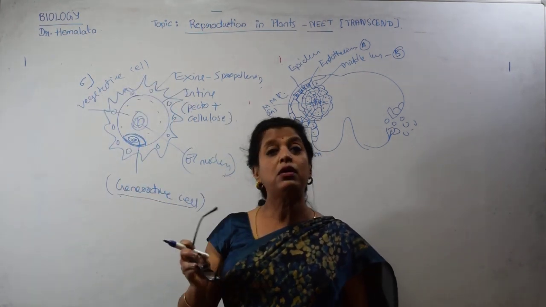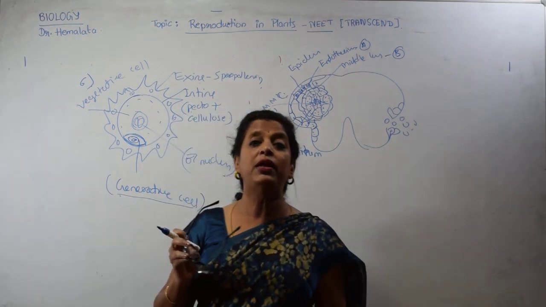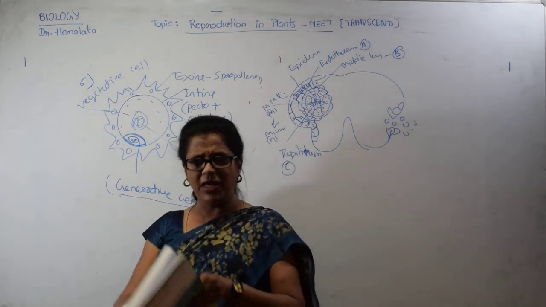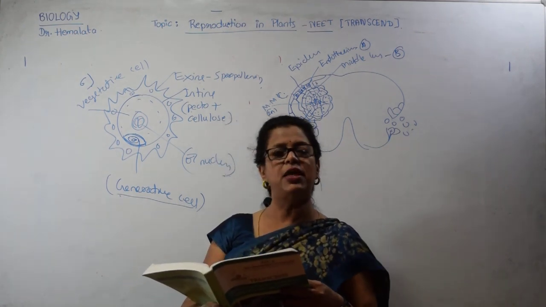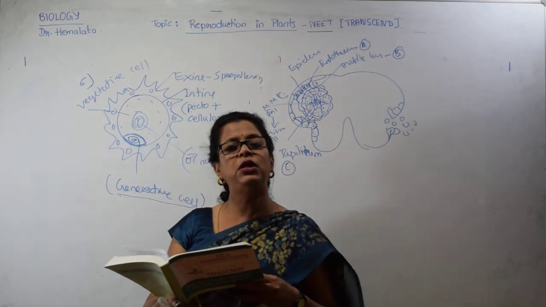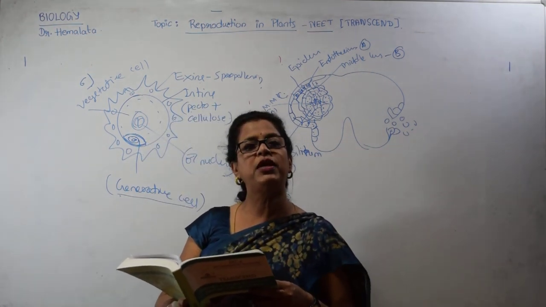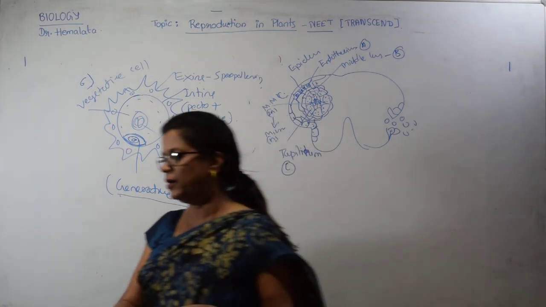That is called cleistogamy or closed flowers, which is observed in Commelina plant. Right? So let me explain all of them separately. The last one is xenogamy, given as self-pollination. This is a wrong match, because xenogamy is transfer of pollen grains from one flower of one plant to another flower of another plant.